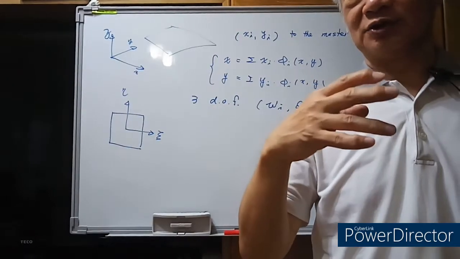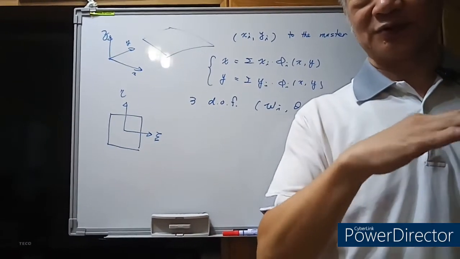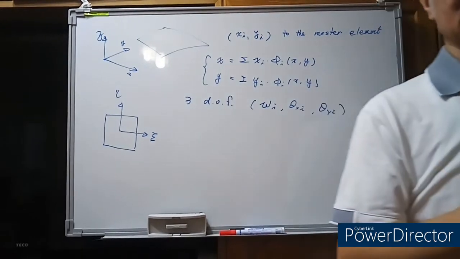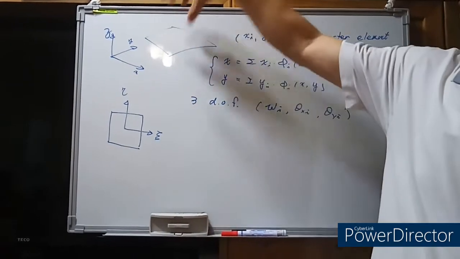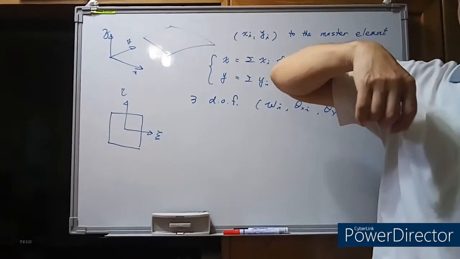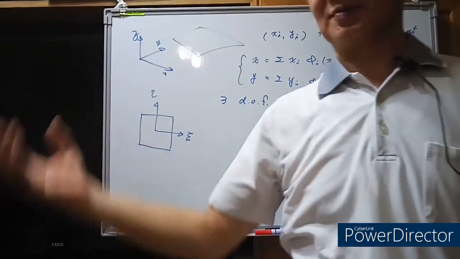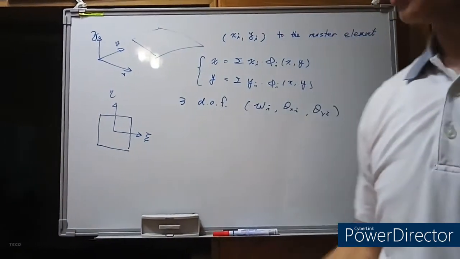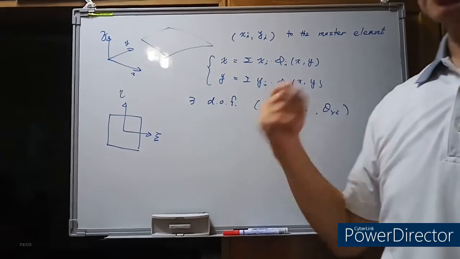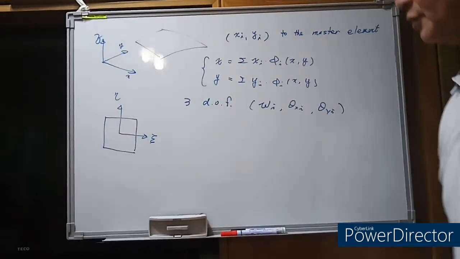The vertical loadings means which is normal to the plane. So it is the z direction. All the applied loading must be along the z direction, and so the vertical displacement along the z direction, which is the w displacement, is a very important displacement we need to consider.